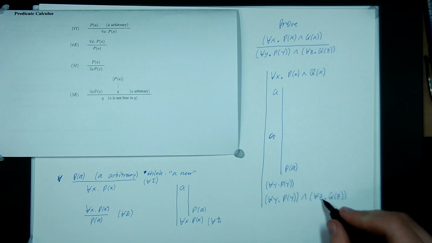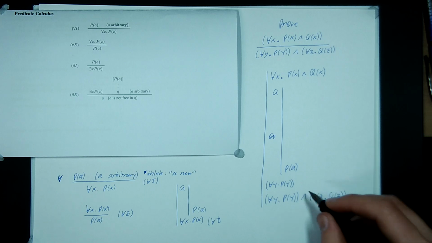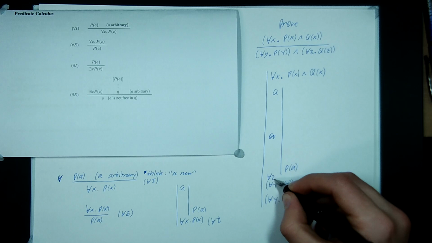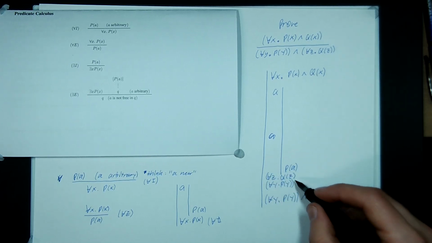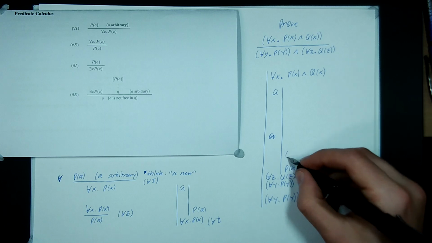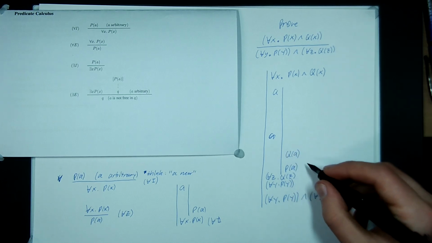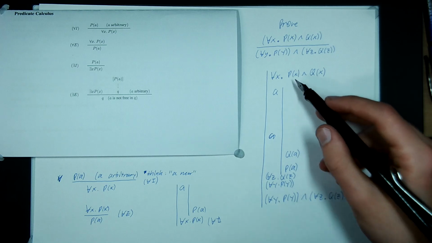Similarly, I need to obtain for all z, q of z. So I'm just going to squeeze that in because I've left myself enough room. For all z, q of z. And the only way I can obtain this statement is if I can show q of a for an arbitrary a. At this point, we can use for all elimination forward on this rule here.